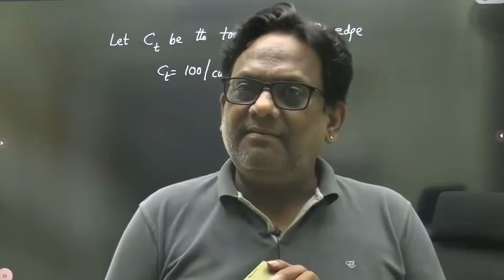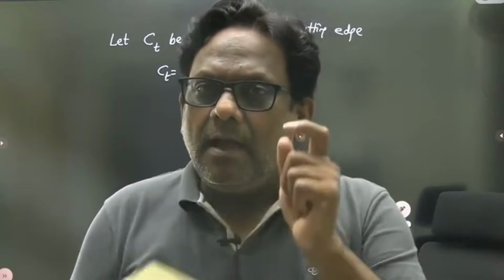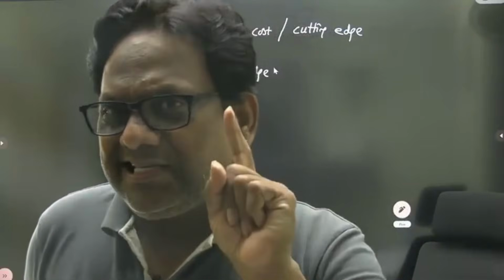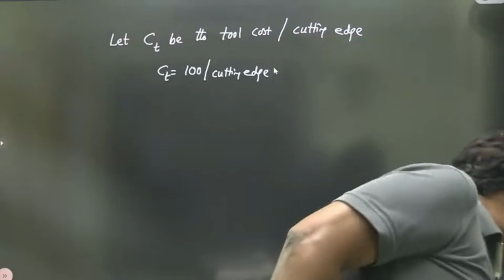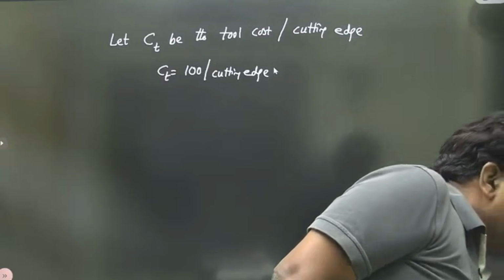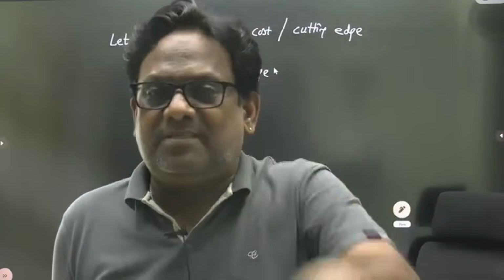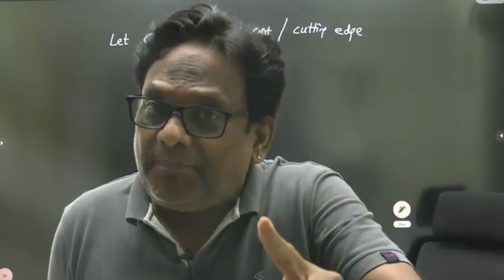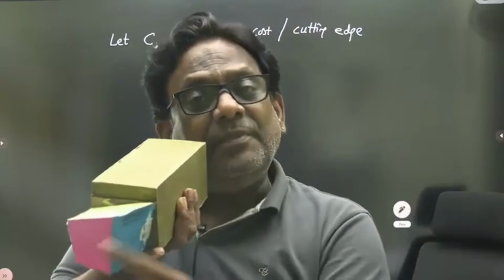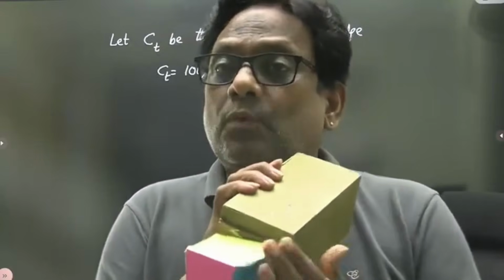My question, sir, is: with that fresh new cutting edge, are you manufacturing a single piece? Tell me, sir, I am watching your comments. With the fresh edge, are you manufacturing a single piece? No. With that cutting edge you are manufacturing NP, the number of pieces. That's why you have to calculate when he gives per cutting edge: for that edge, with that edge we are manufacturing NP.